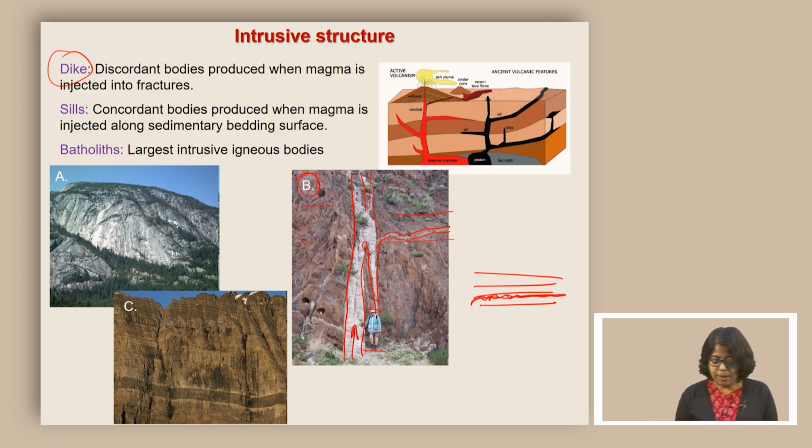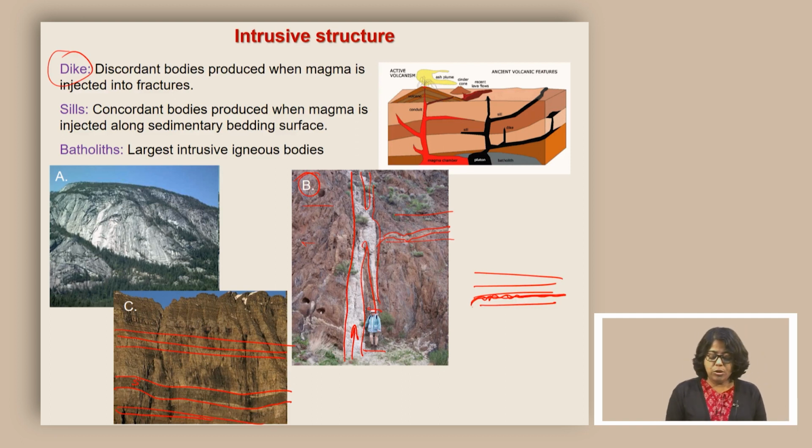An example is here. If you look at this particular igneous body, it is parallel to the structure of the pre-existing sedimentary rock, and this one is going to be called a sill.